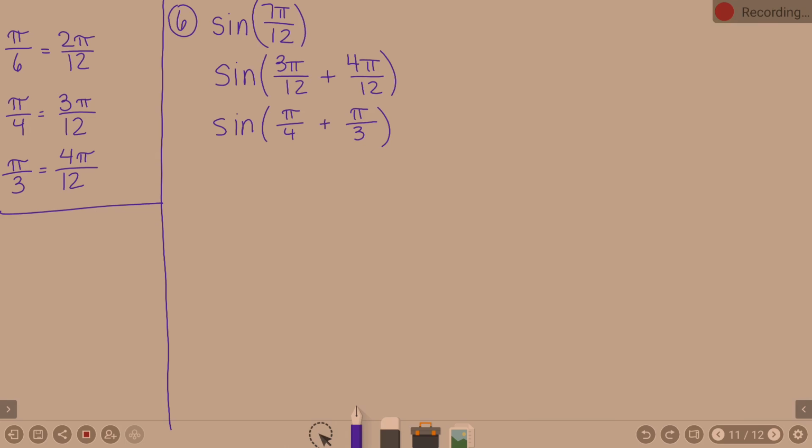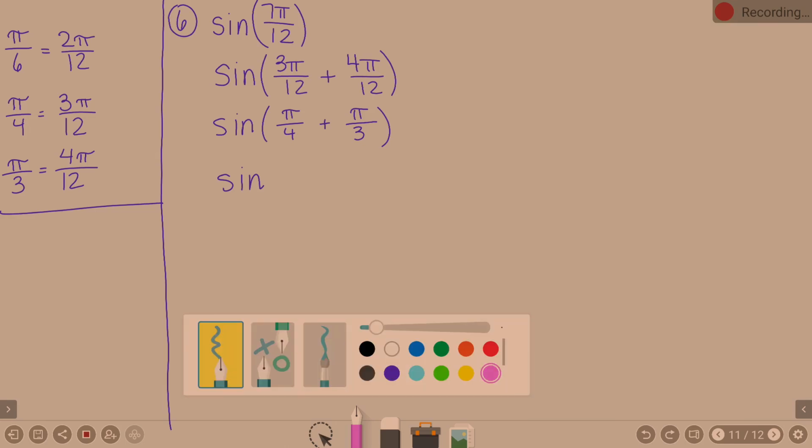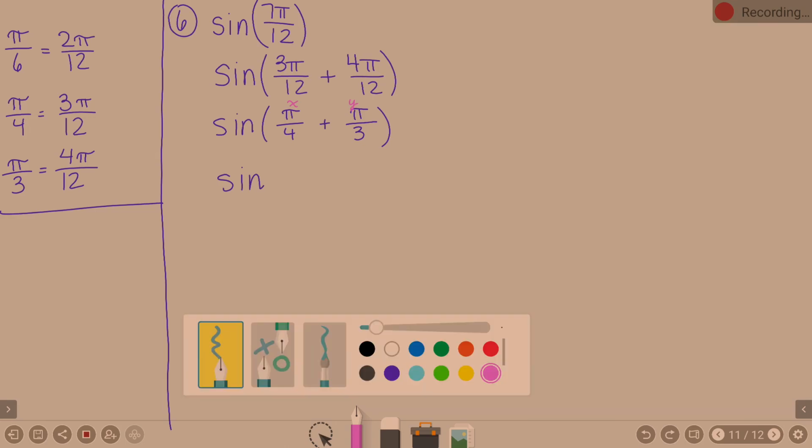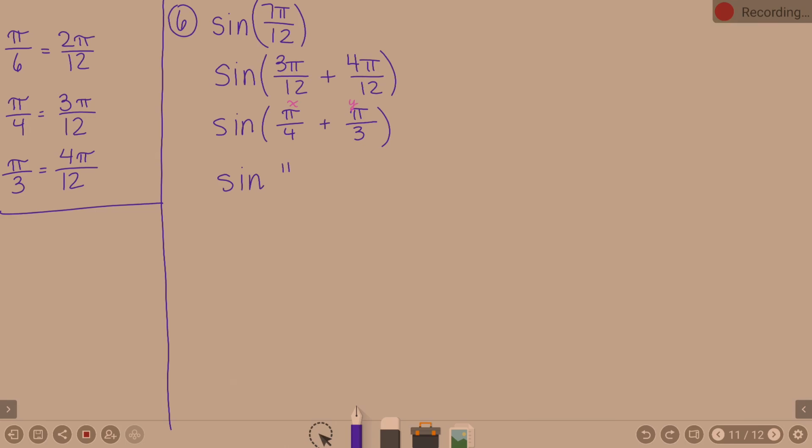Do you know what to do from here? How's that sine identity work? Sine of x, so sine of pi over 4. Cosine of y, so cosine of pi over 3.